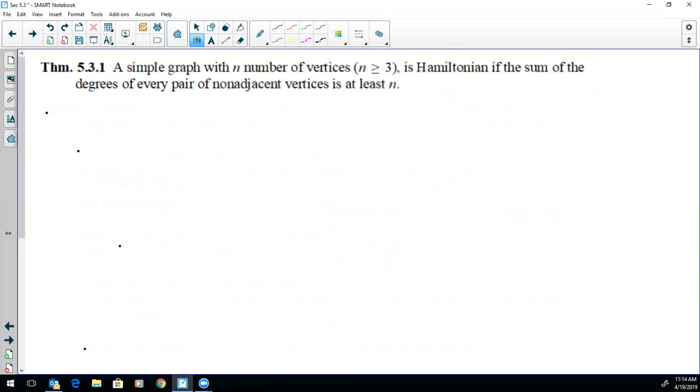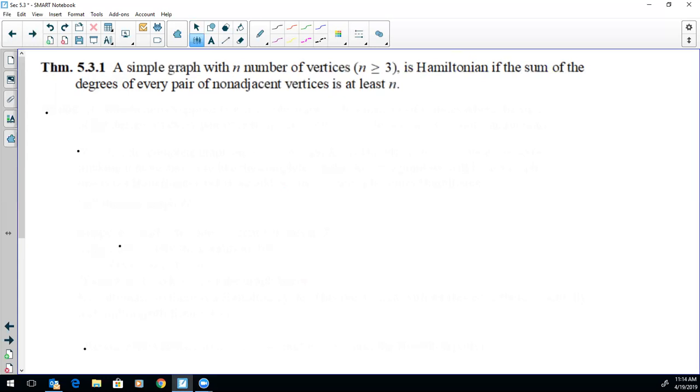Okay, this says a simple graph with n vertices, n greater than or equal to 3, is Hamiltonian if the sum of the degrees of every pair of non-adjacent vertices is at least n. Well, it's kind of hard to understand what this means, but also notice this gives you a sufficient condition.